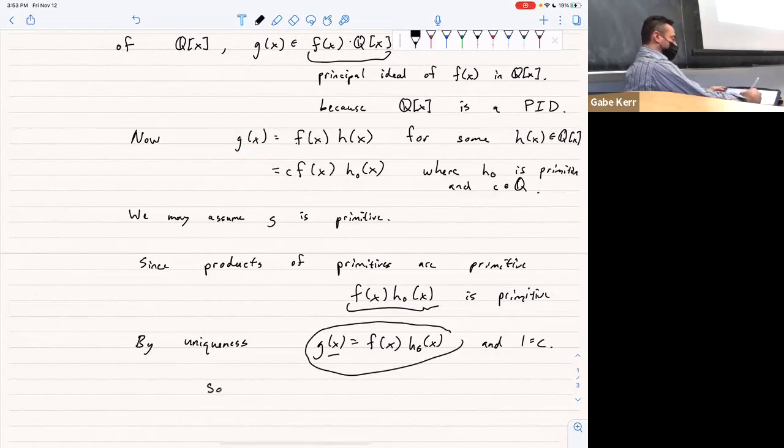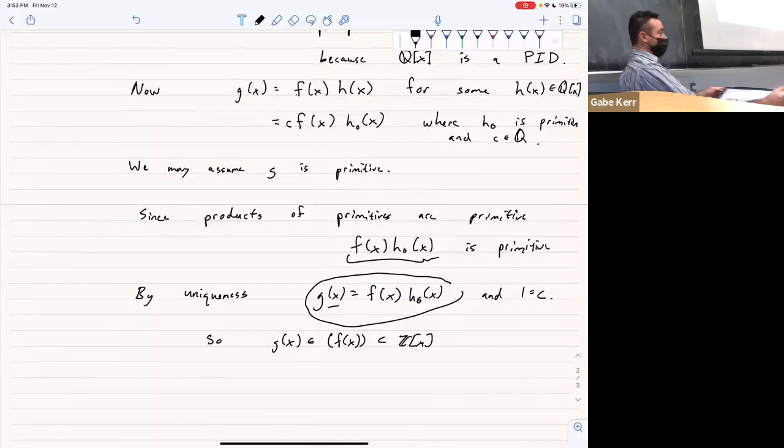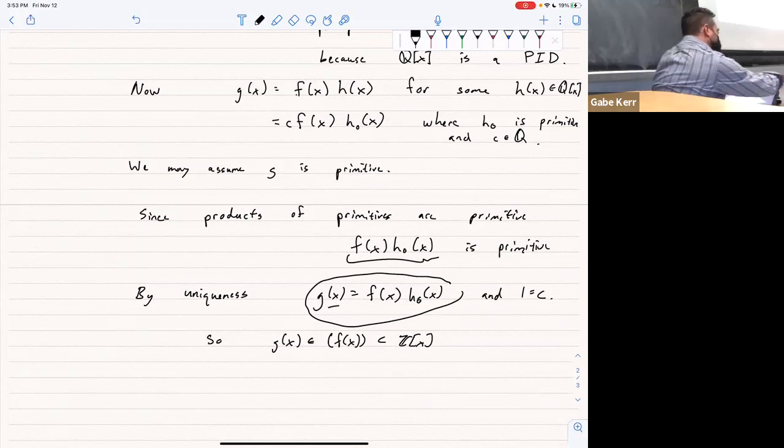So g of x is in it, an ideal in the integers, and the polynomial ring. So it's principal. So that is the polynomial that will generate.